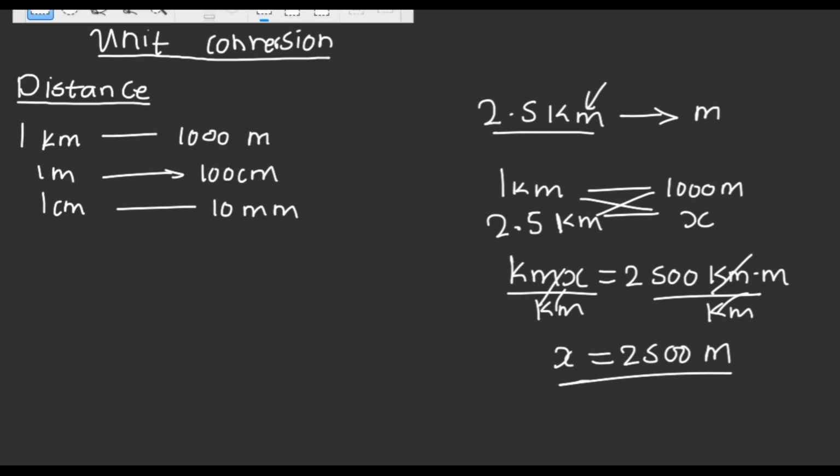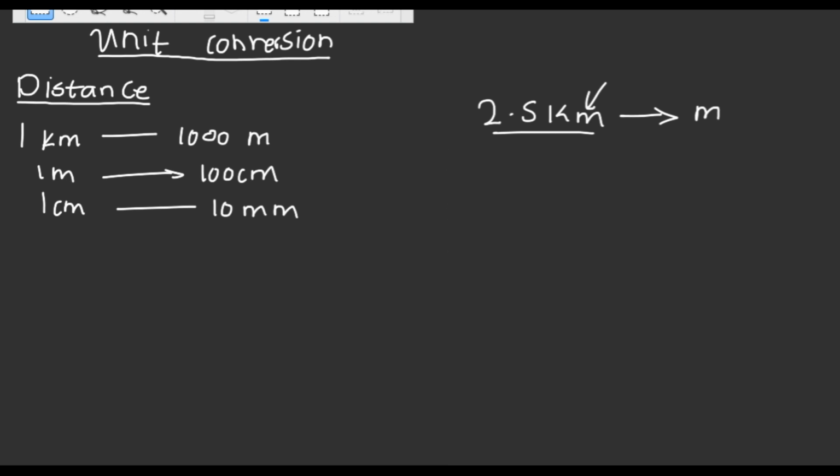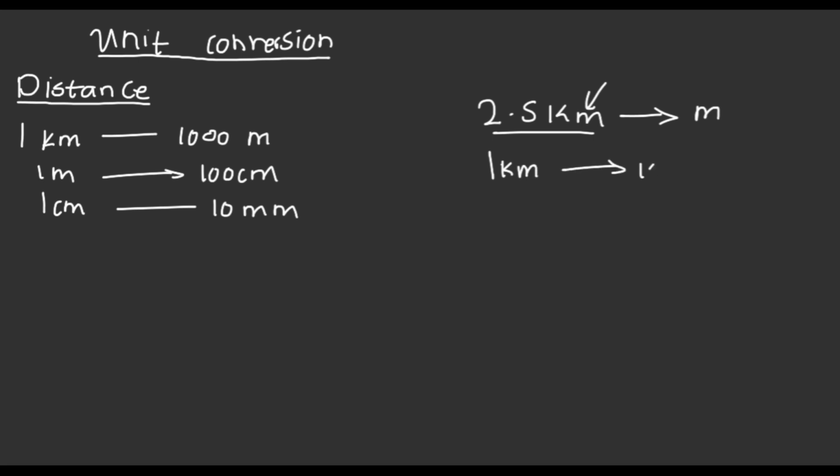So let's see how we can convert now from meters to kilometers. Remember, you use this conversion factor: 1 kilometer is equal to 1000 meters. Then we want to take the 2500 meters back to kilometers. So this time the 2500 meters will be where there is meter, and here we put x, then we cross multiply.